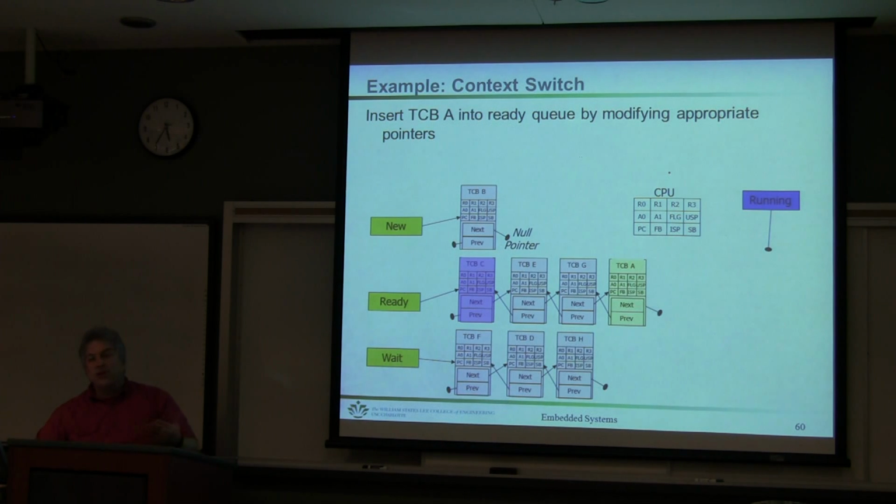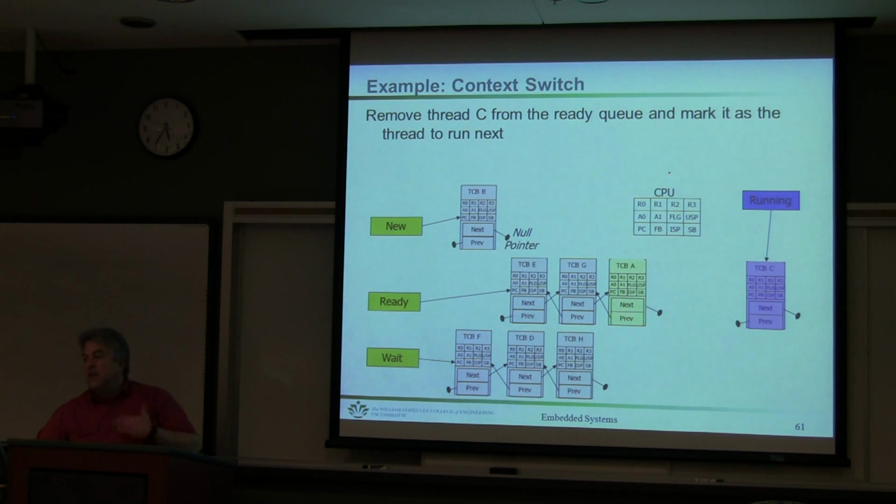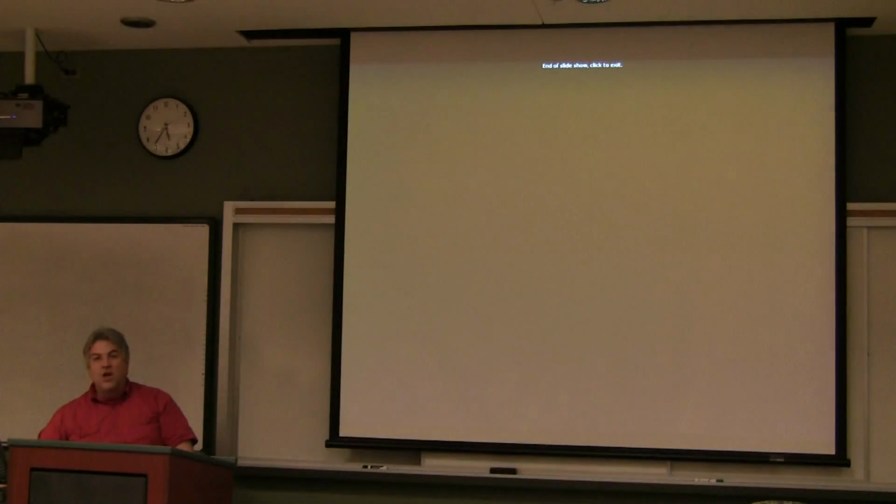We would add that specific thread control block, TCB A, to the ready queue. Then we would put C into the running queue, which of course only has one, and then we copy all the contents of that thread control block into the CPU, and then that task will start to run.